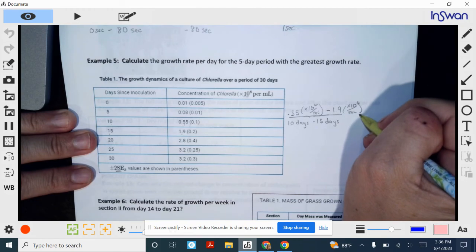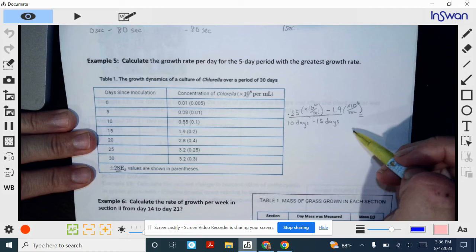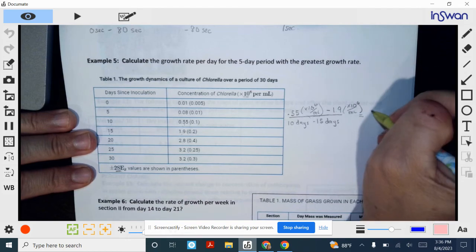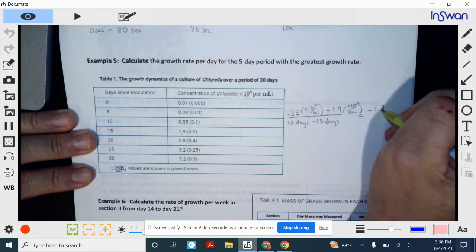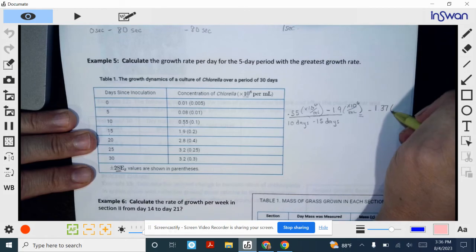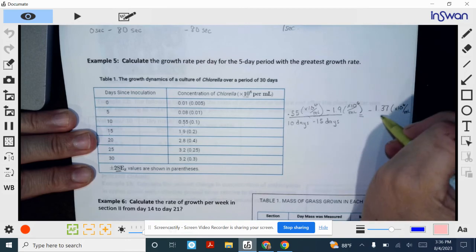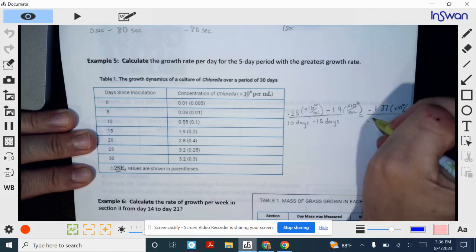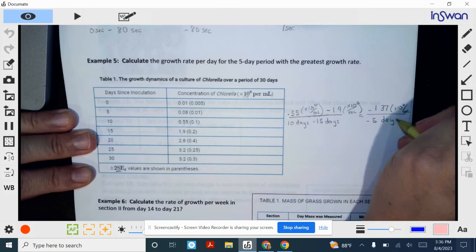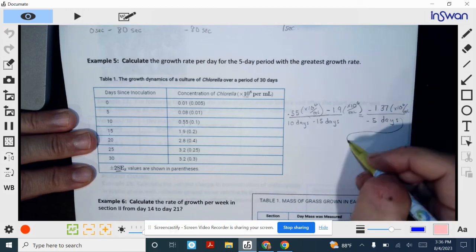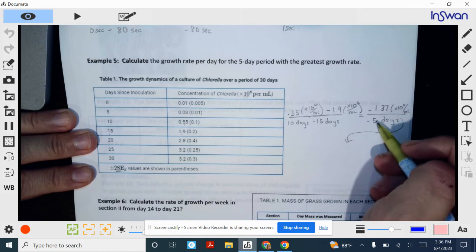Okay. So when we do that math, we've got negative 1.37. Leave those units times 10 to the 6th per milliliter over negative 5 days.